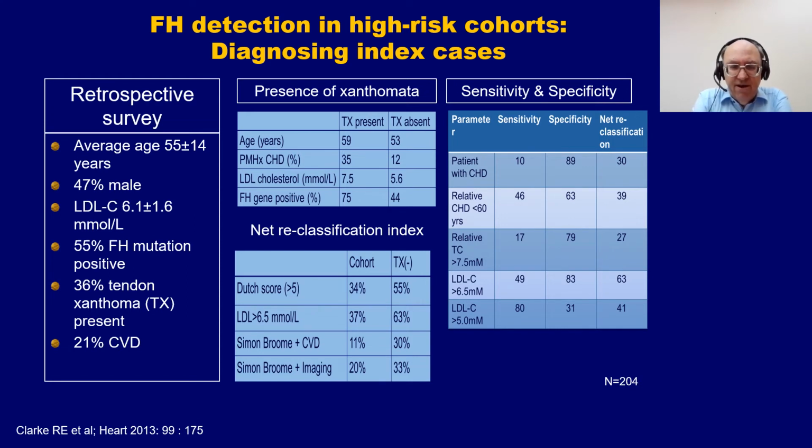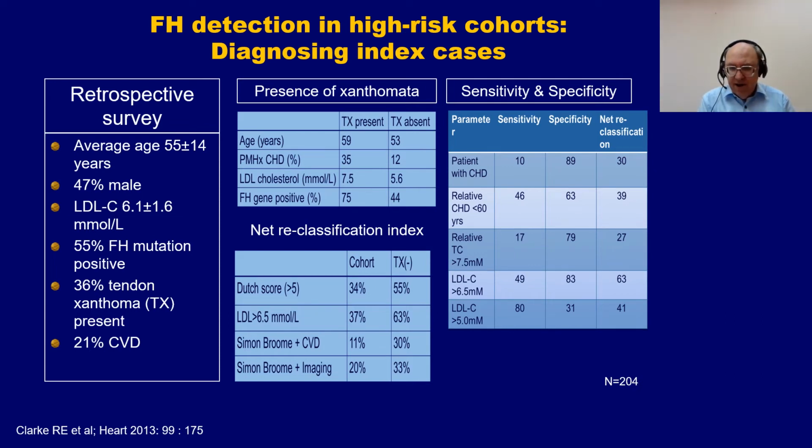Now, we've had a number of attempts of doing it from our rather large lipid service in London, and we've looked at various methods of classification. And that is where we have come up with some simple principles, that you have to identify risks and you have to retake histories.